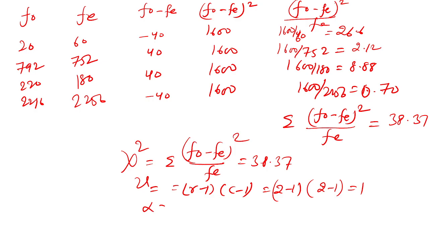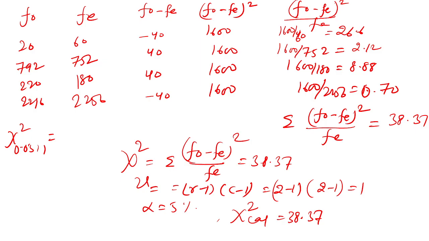Level of significance is equal to 5%. So the calculated one we have is 38.37. Now the tabulated value for 0.05 and 1, how much is the value?